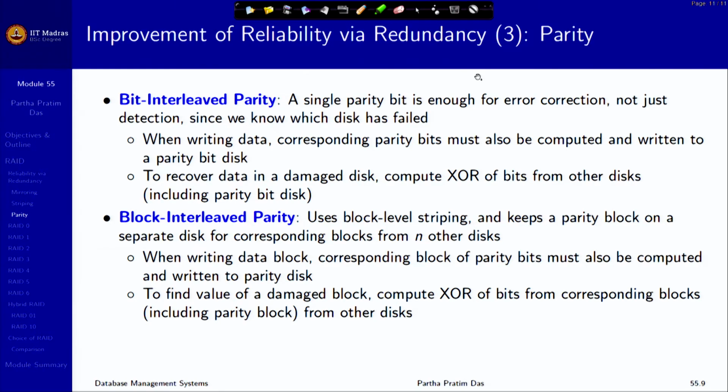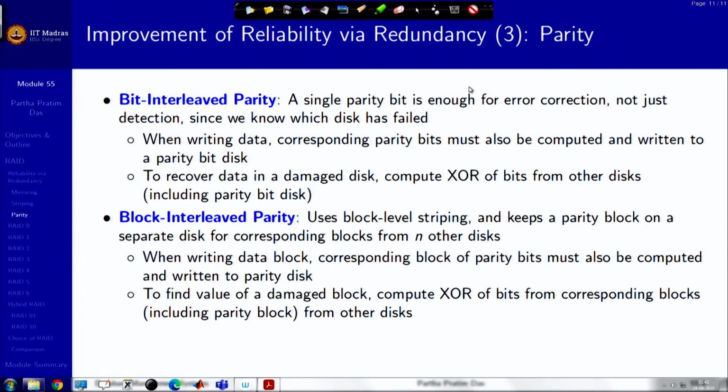Suppose you have 0, 1, 1, 1, 0, 1, 1, 1. So, you have 6 ones. So, you add a parity bit, which is 1, which says that this will always become odd parity, right. That is, the number of ones in the entire representation, 8 bits and 1 parity bit, would always be odd.